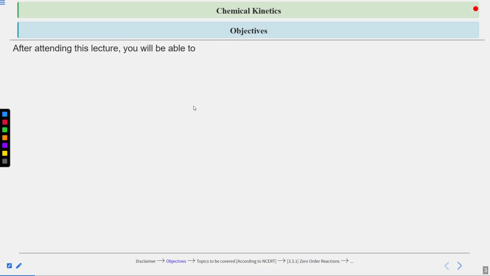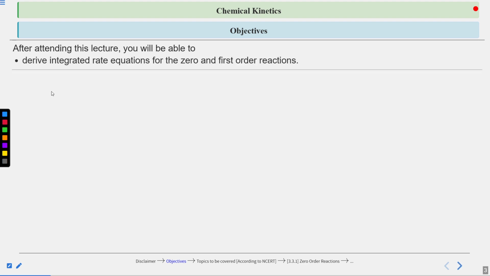Let's begin with today's objective, which is, after attending this lecture, you will be able to derive the integrated rate equations for the zero and first order reactions.